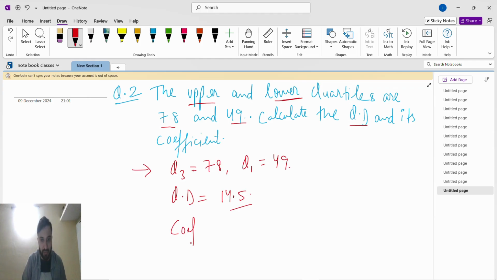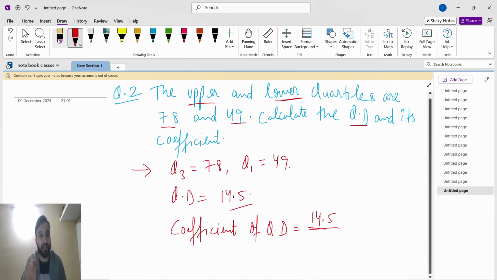Then the coefficient of quartile deviation. That is Q3 minus Q1, so that is 14.5 divided by... sorry, I understand, guys.